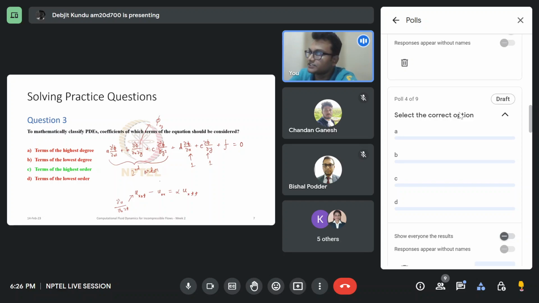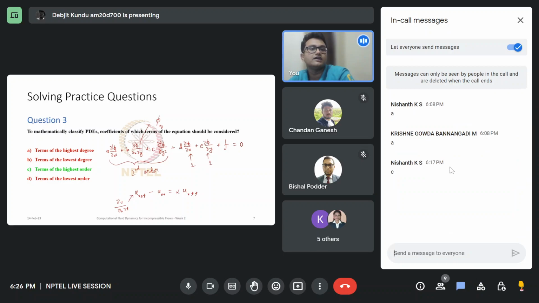So in this case, which terms will be considered for determining its mathematical classification? Which terms do we need to consider for this equation if we want to mathematically classify it? Any guesses?